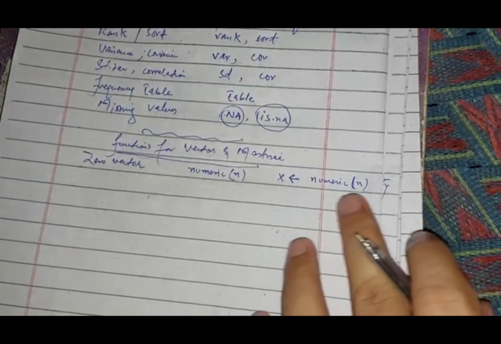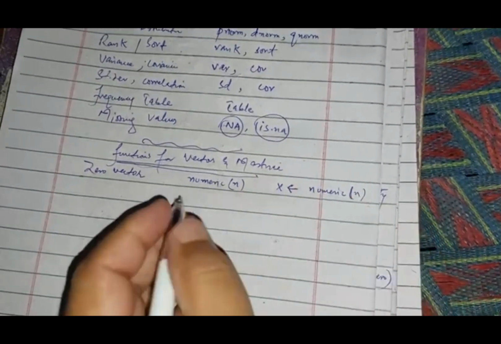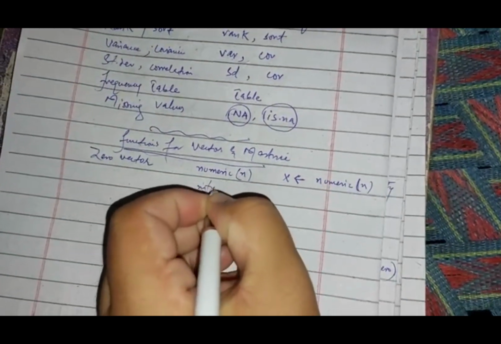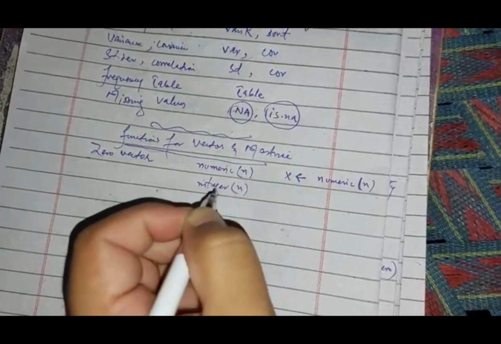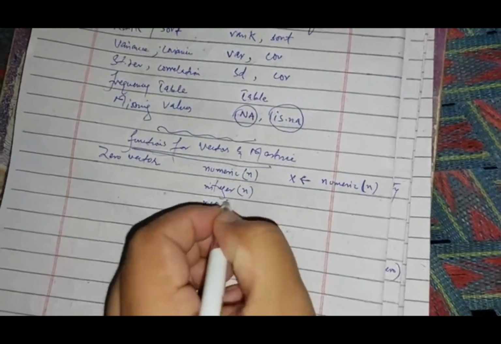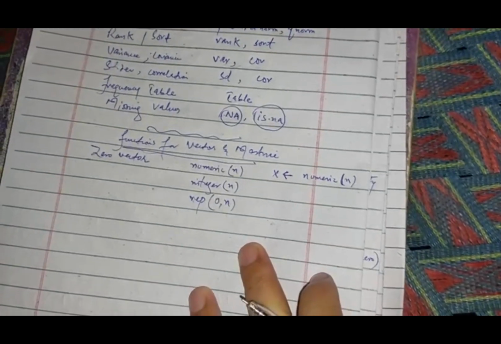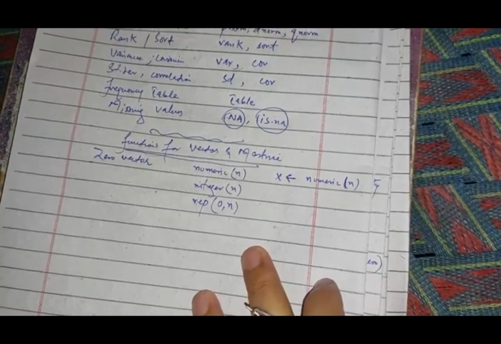So this will define the zero vector. Or integer n is also rep(0, n). This is also a zero vector.